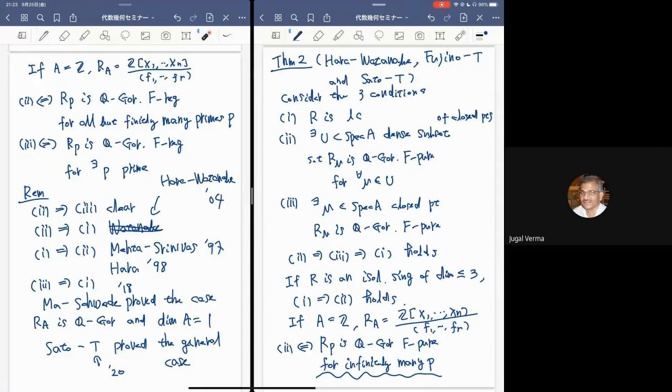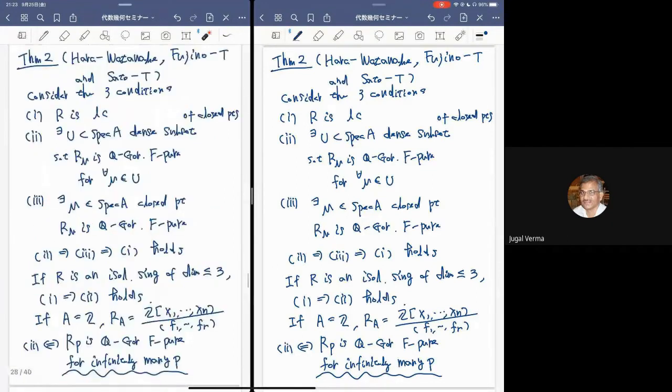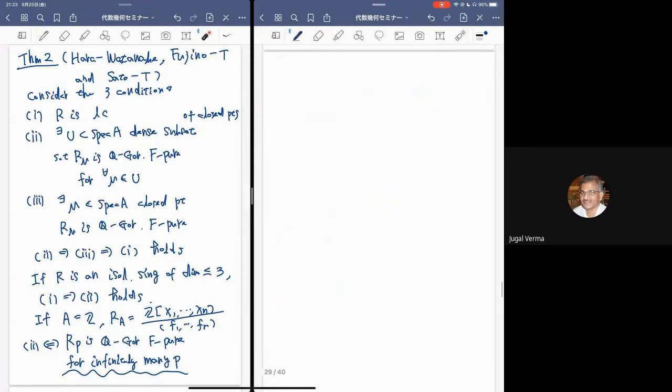But before giving you an example, a baby example, let me tell you the history of theorem 2. Again, 2 implies 1 is in some sense classical.